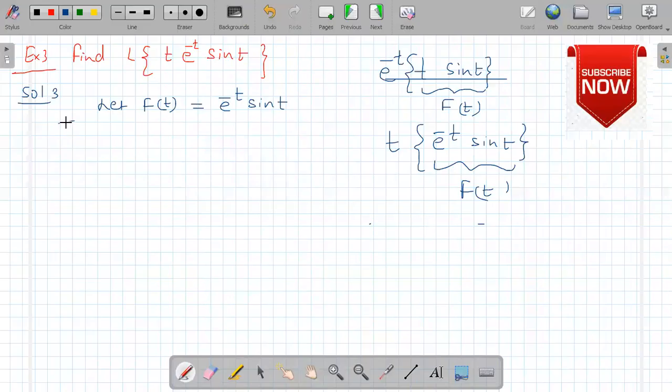Then Laplace transform of t f(t) would be minus d over dp of Laplace transform of f(t), right?